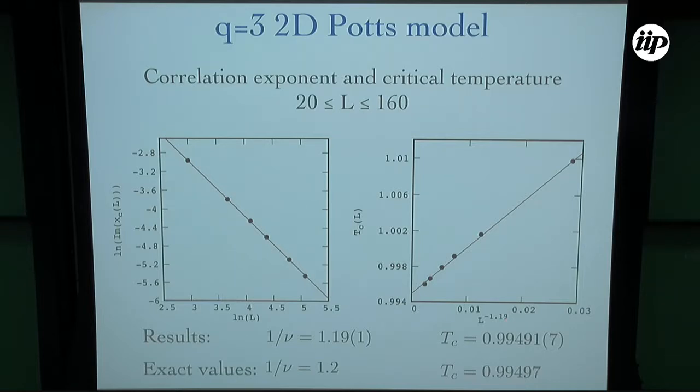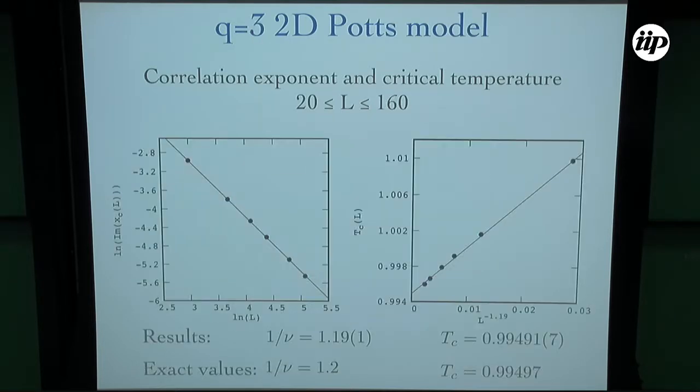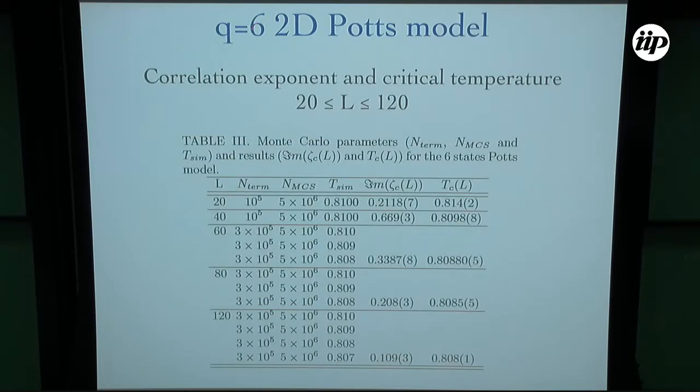And for the critical temperature using finite size scaling, we get this value that is, again, pretty close to the exact value here. For Q equals 3, we have a second order phase transition. For Q equals 6, we have a first order phase transition. We use the same approach, but of course here, since you have 2 peaks in your energy probability distribution, you have to take much care with your simulations.